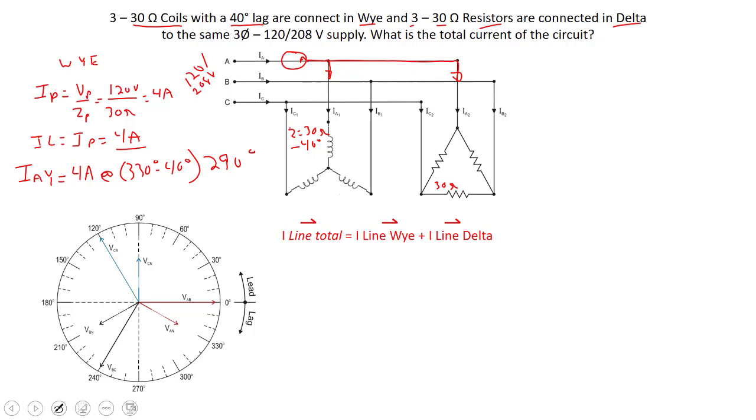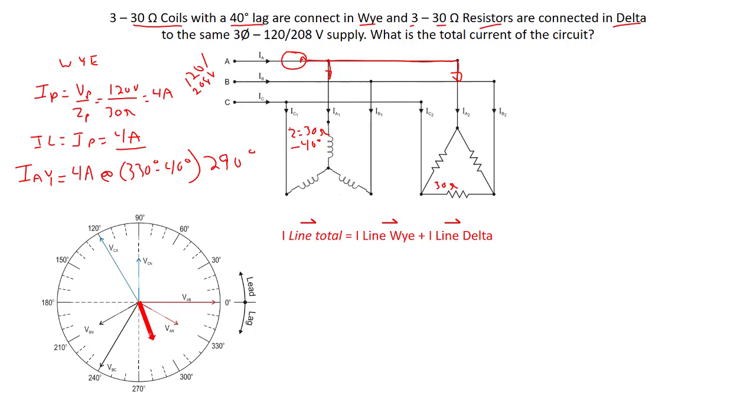So with the line voltage as a reference, our line current will be at 290 degrees. Okay, so we have the line current of the Y. Let's plot it out. So we're at 290 degrees.